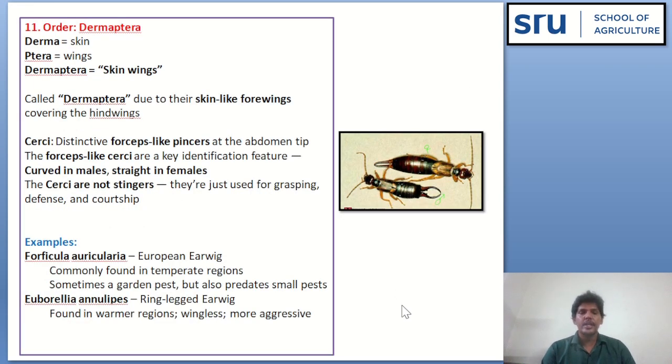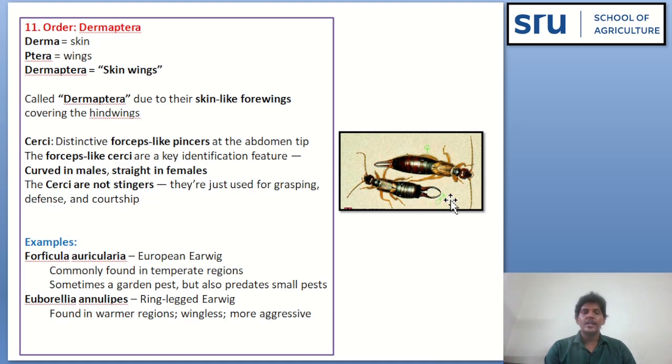Next order is the Dermaptera, skin-winged, skin-like winged insects. Dermaptera are named for their skin-like forewings which cover the hind wings. Cerci are sensory structures, distinct as forceps-like pincers at the abdominal tip, and these cerci are the key identification feature in Dermaptera.